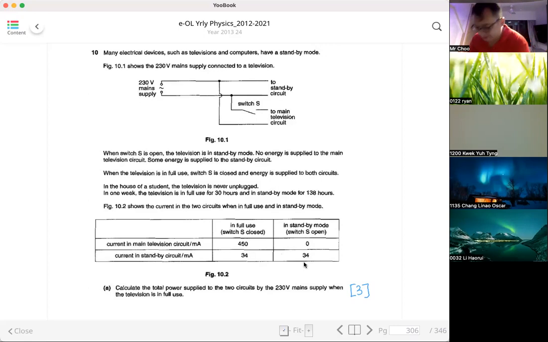You round off to how many places? What you can do here is write down the total current, 584, and this is 34. My question now is this. My first current is 450. Second current is 34. When we add them together, do we look at significant figures or do we look at decimal places? Do you all know what I'm trying to say?